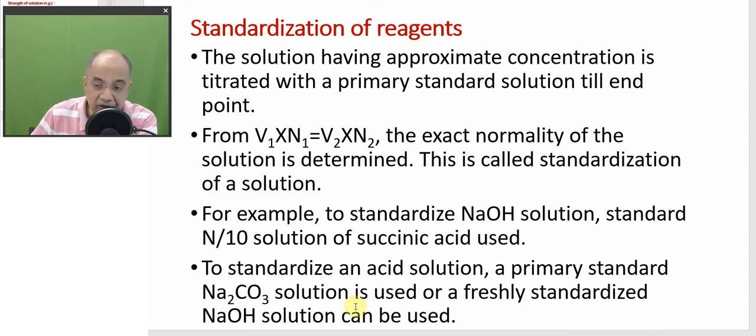So sodium carbonate solution is used, or a freshly standardized NaOH. For example, you have already standardized sodium hydroxide solution by using succinic acid, and immediately you use that standardized sodium hydroxide solution to standardize an acid solution, right?